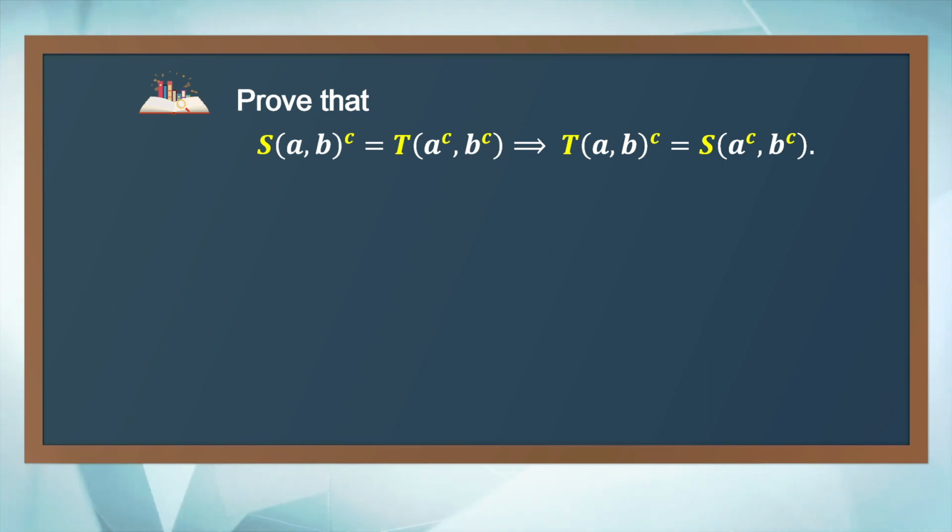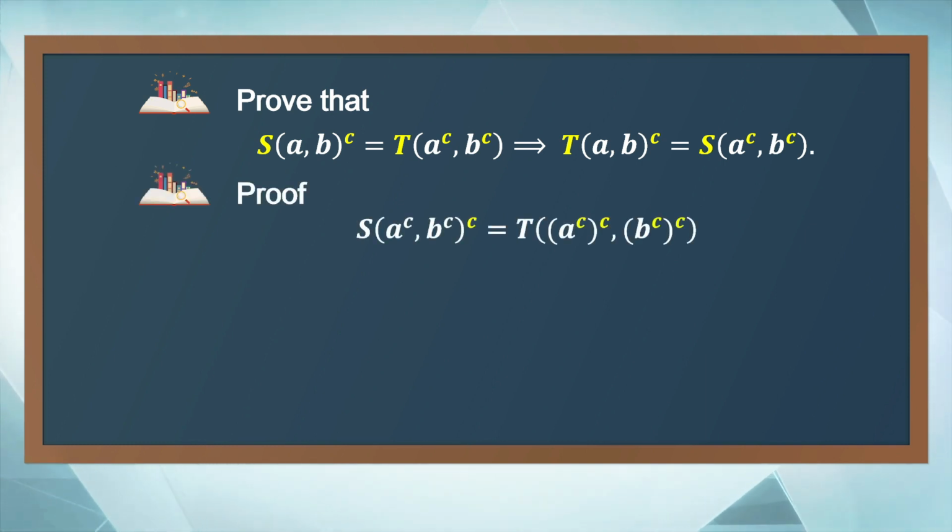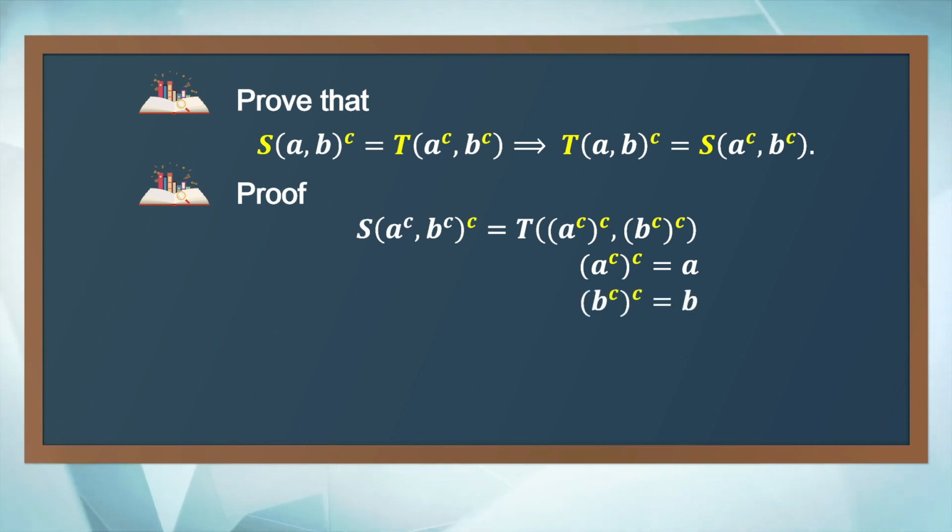Suppose this statement is true. Replace A with the complement of A. Replace B with the complement of B. Using the double negation law, the complement of the complement of A is the same as A, and the complement of the complement of B is the same as B. So it is going to be T of A, B. Take complementation of each side of this equality.